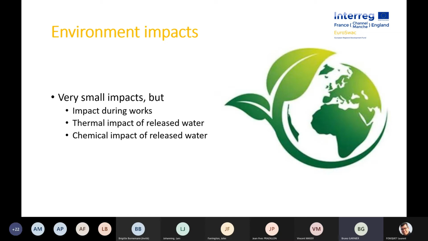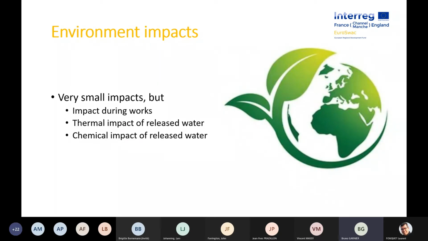So for these two impacts, in our project, we are looking at the time when we could have this kind of impact, and we have two things.